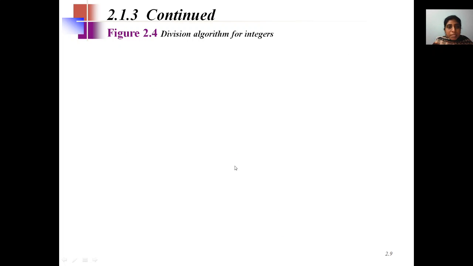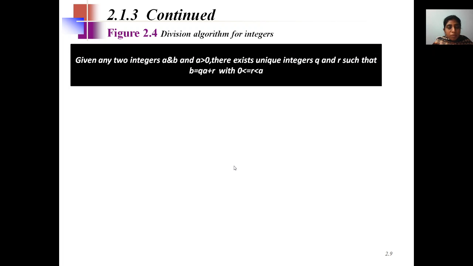What does the division algorithm state? It states that given two integers a and b, with a greater than 0, there exist q and r such that b equals qa plus r.